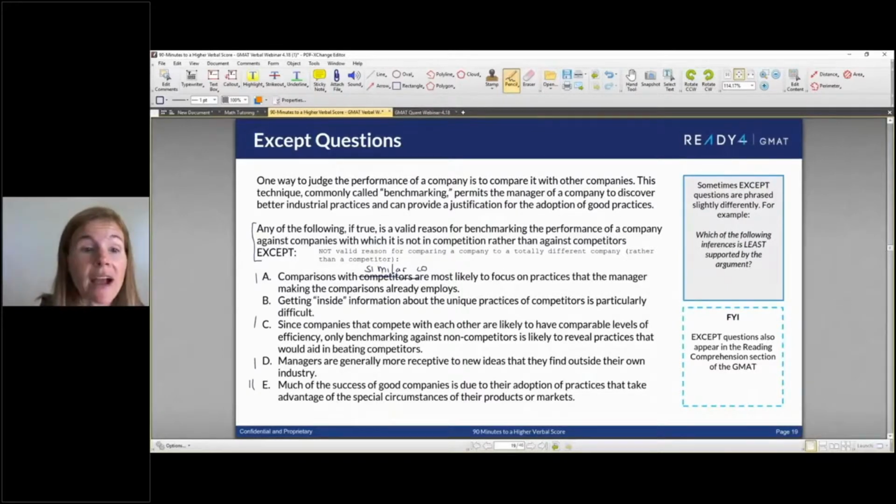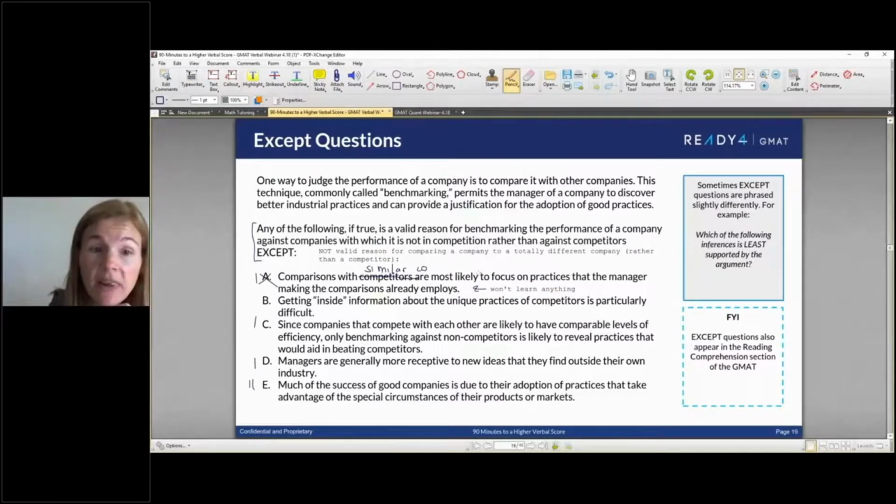You'll focus on practices the manager already uses. In other words, we won't learn anything. So then again, we're looking for reasons to compare to a different company. This is arguing that it doesn't work to compare yourself to a similar company. In other words, that we should compare ourselves to a totally different company. So this one's out.